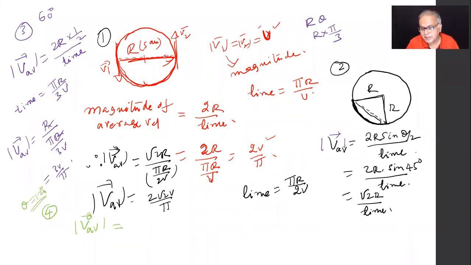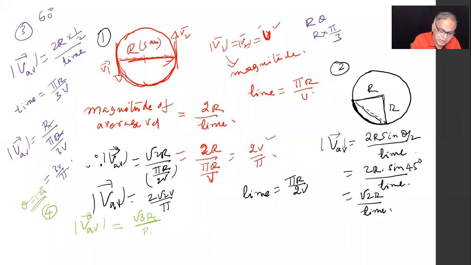So 2r sine 60. Sine 60 is root 3 by 2. So what do I get now? Numerator: r root 3, by time. Time is also distance by speed. Distance will be r theta.